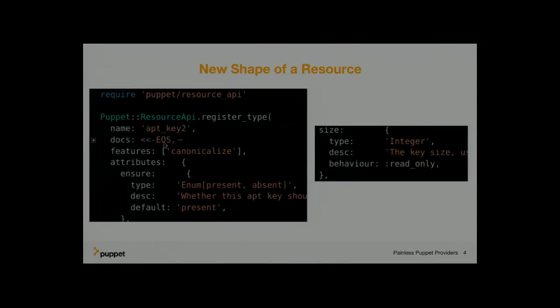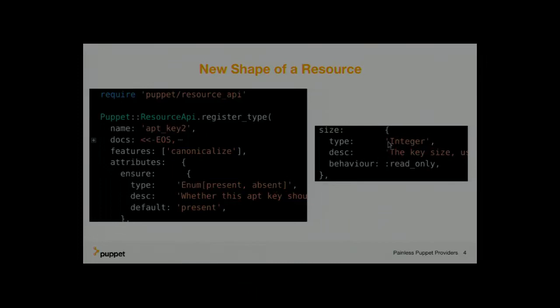It has the name, it has the doc string here, it has some features that your implementation has, and then down here it just has a list of attributes, for example the ensure attribute here with the usual definition of present, absent, and as you can see here, now this fully supports Puppet 4 data types, so there is no ambiguity around what possible values go into your provider.